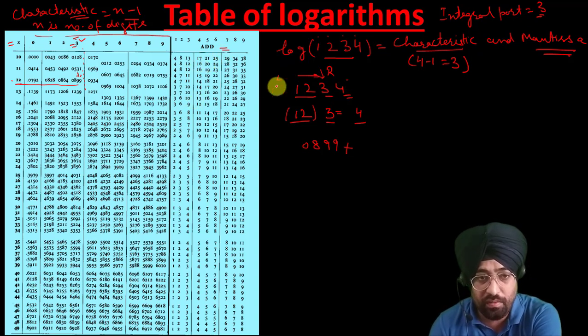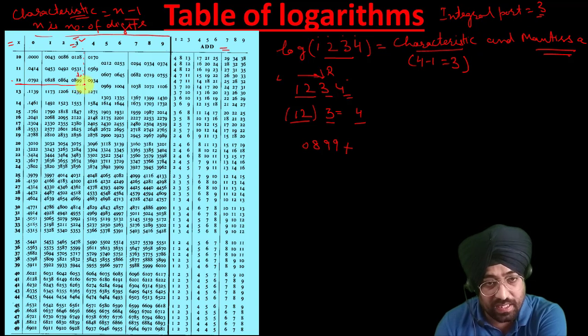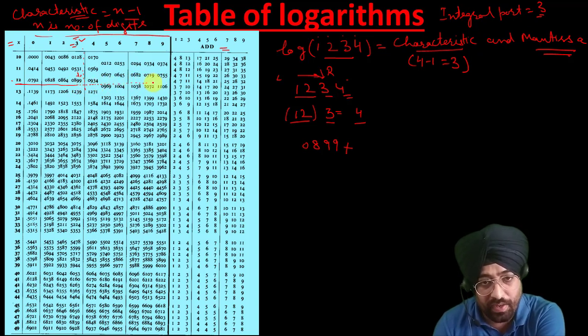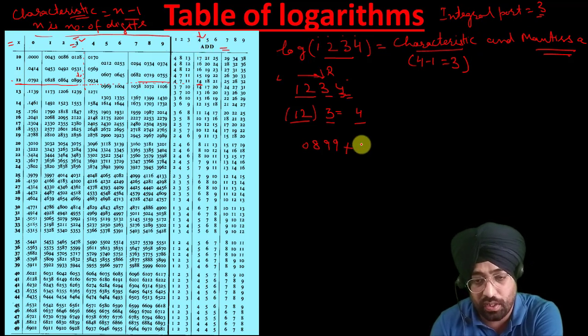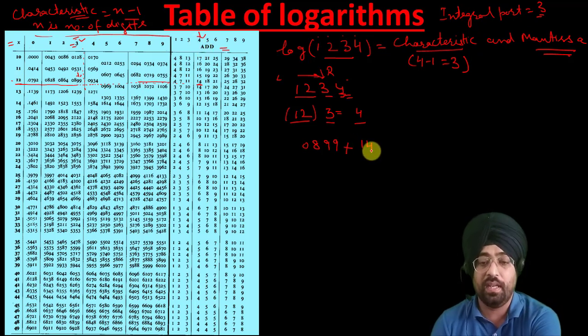We will keep moving in this direction up to here, when we reach this column where add is written, and we will go to the fourth column. Here you can see the fourth column. We are going in this direction, and we will reach 4. The number is 14. So for 12 in this fourth column, this value is 14. So we will write 14 here.